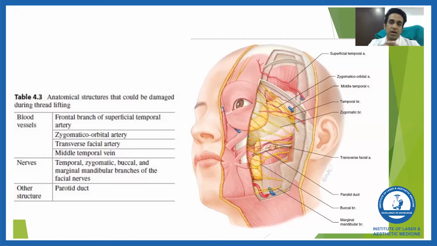These studies are done on Caucasians, Koreans, and more of Asians, not the Southeast Asians, so the variability of anatomy can still be taken into account. But mostly what I'm going to teach you in the next session is going to give you a rough idea as to where these particular structures remain.